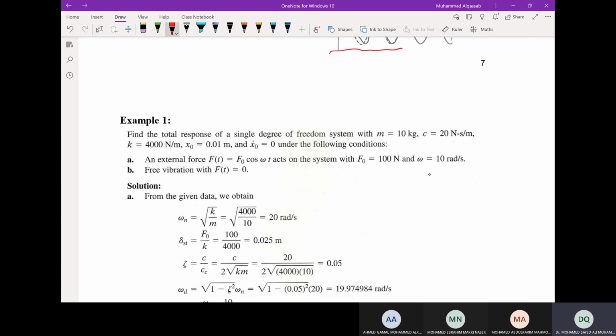X at 0, the initial displacement, is 0.01 meter, and x0 dot equal to 0, which is the initial velocity. So it is a spring mass system with m equal to 10, c 20 Newton second per meter, and k is 4,000 Newton per meter. The question is to find the total solution, the total response.